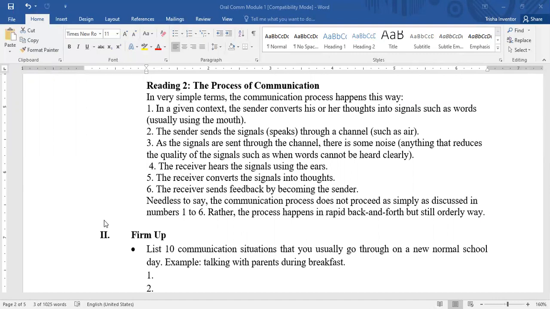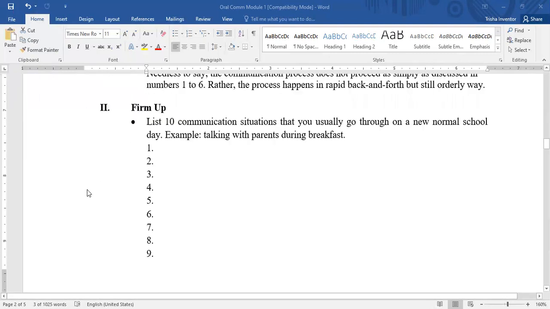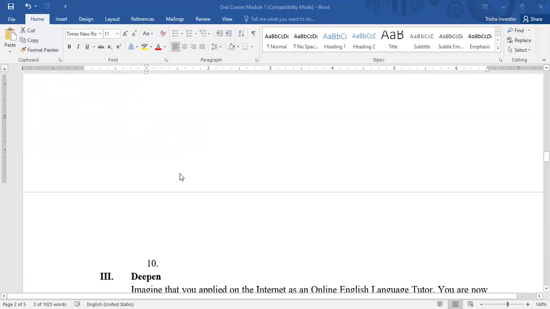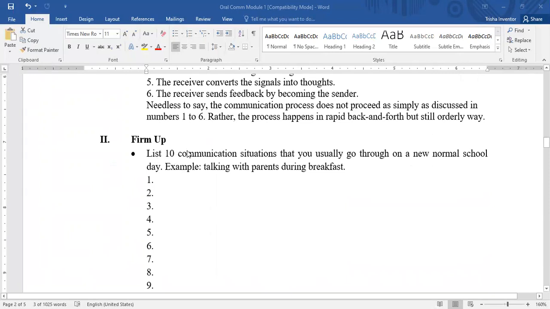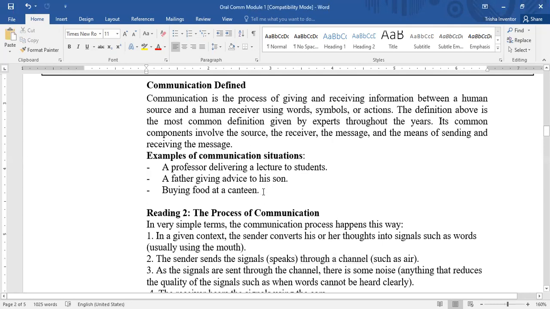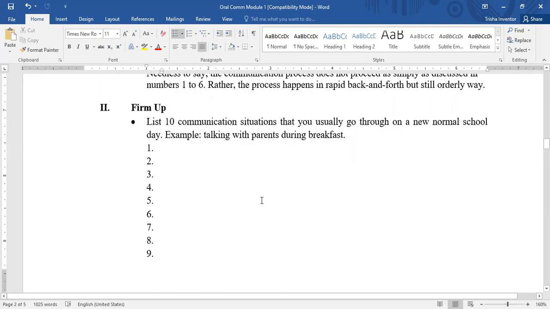Okay? Okay. Now, here in the firm up, we have here an activity. So, you are to list 10 communication situations. Sama sa communication situations, again, naa na diri sa example. Any situation that you are communicating with each other. Now, list 10 communication situations that you usually go through on a new normal school day.